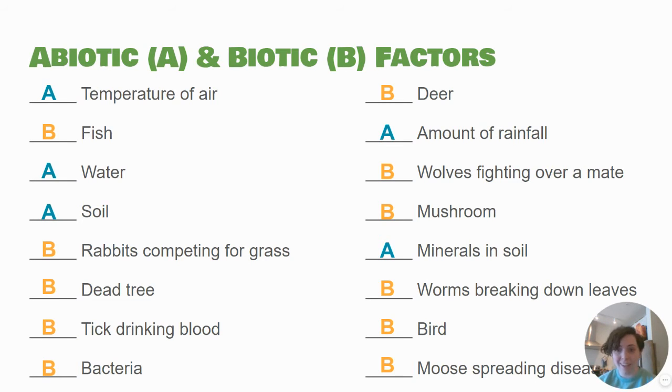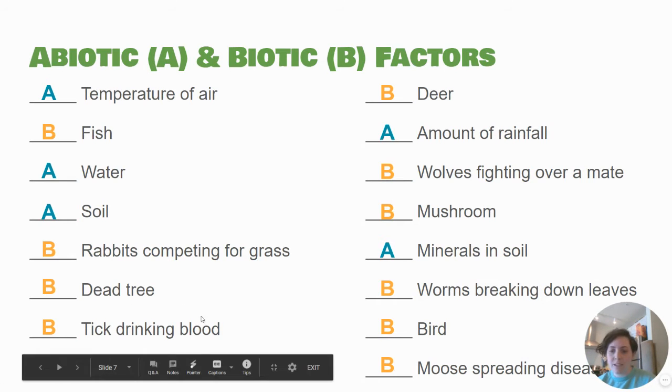You said biotic things are living. Well, something that was once living, even though it's dead at this point, is also considered biotic. So abiotic things are specifically things that aren't alive, they never have been alive, and they never will be alive, okay? Biotic is living factors or something that was once living, okay?